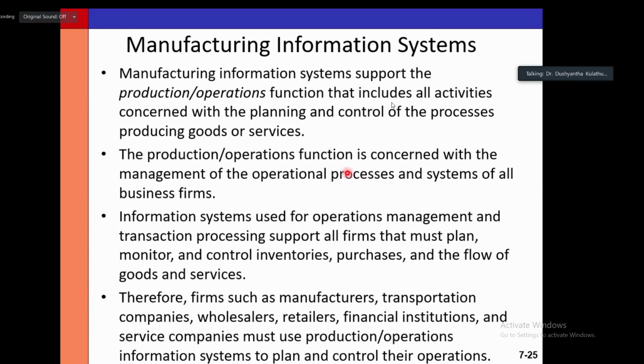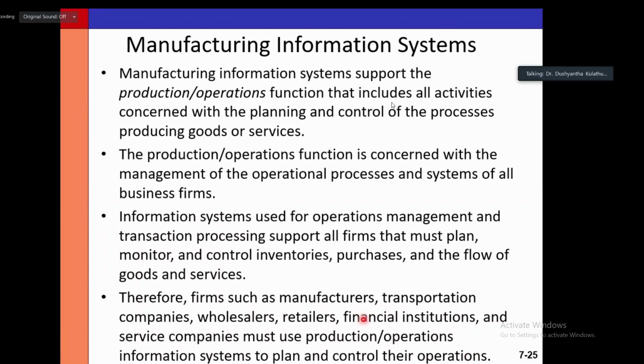Yeah, that is about the manufacturing information systems. Is there something not clear? So here it says wholesalers, retailers, and financial institutions. They are like service organizations. They will have their own day-to-day operations, and they will have to plan and control those operations.